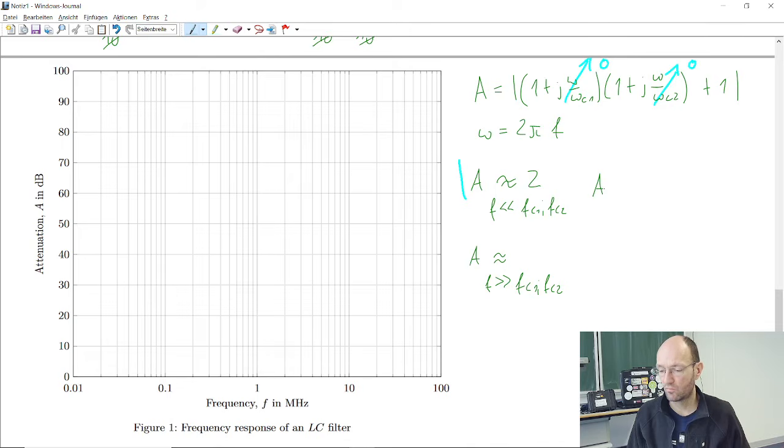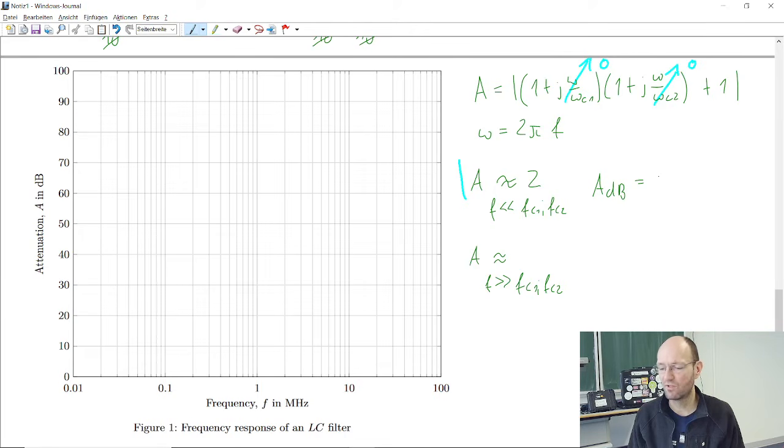And if we convert this into dB, what does it mean? What is a factor of 2 in dB? No, 10 means factor of 10 for power quantities, factor of square root of 10 for root power quantities.